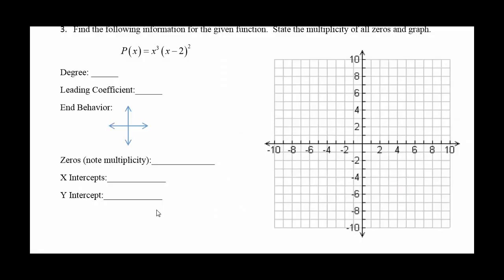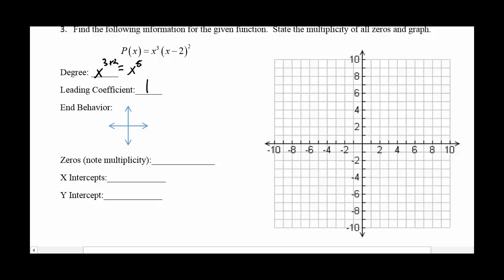All right, number 3. First task is to find the degree. And it's not a third degree, by the way. It's an x with a 3 plus 2, so it's actually a fifth degree. Leading coefficient: there's a bunch of 1s that I'm multiplying together, so it's a leading coefficient of 1.